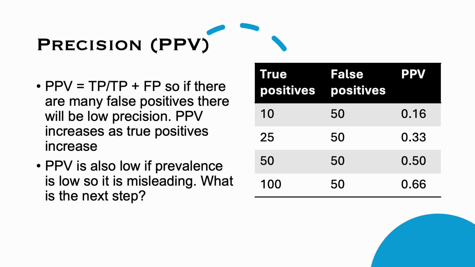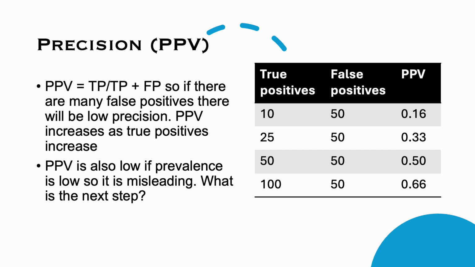It's true positive over true positive plus false positives. So if you have a lot of false positives, by definition, you'll have low precision. As the PPV increases, though, you'll see as true positives increase, the PPV increases. So if the PPV is low based on low prevalence, it's pretty misleading.